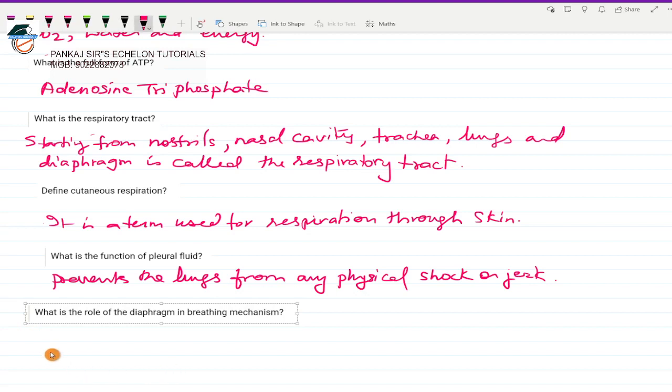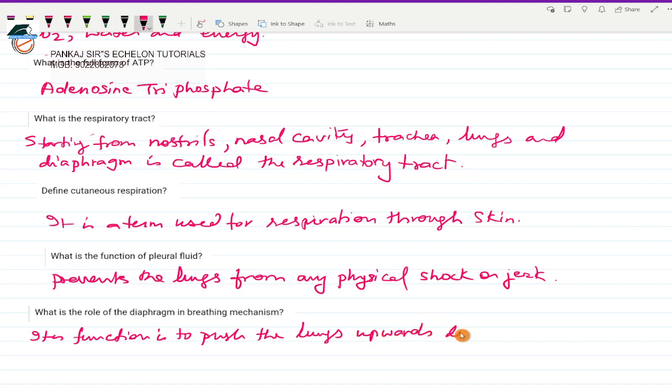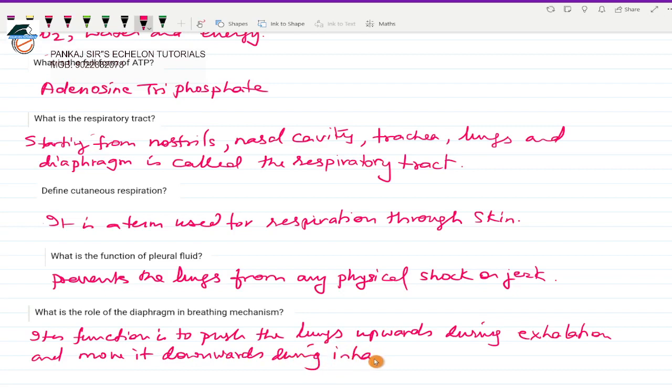Its function is to push the lungs upwards during exhalation and move it downwards during inhalation.